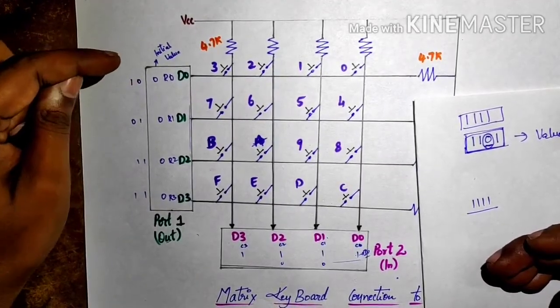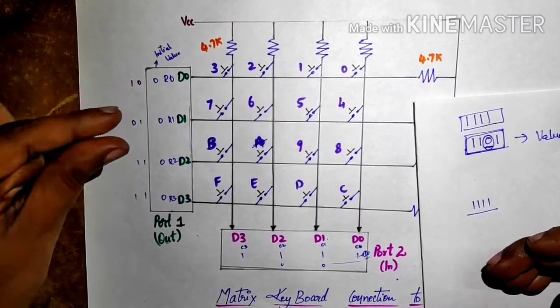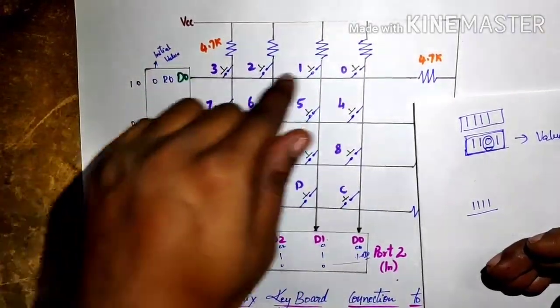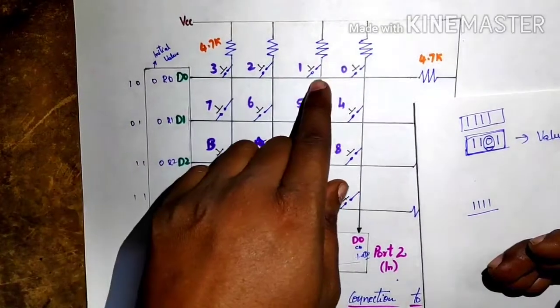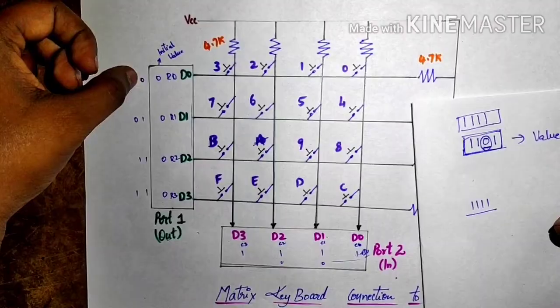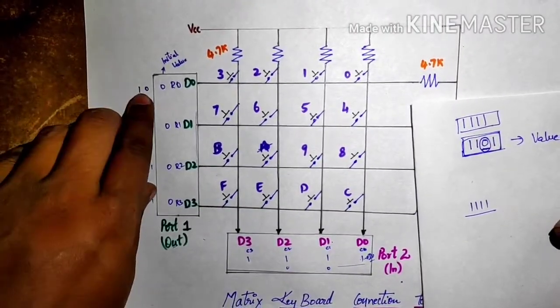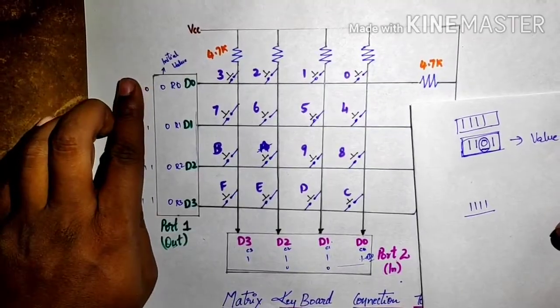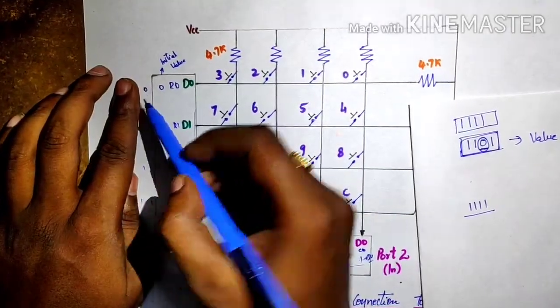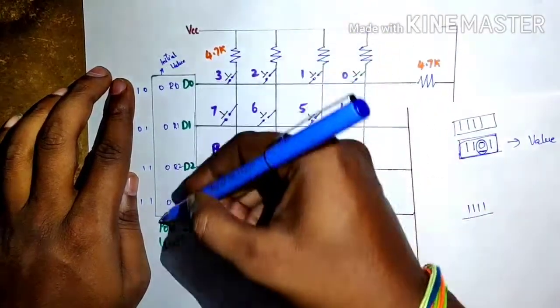By making a single row 0 at a time, it will check which row the key belongs to. Initially it will make all the rows ones except R0. So this is the initial process.